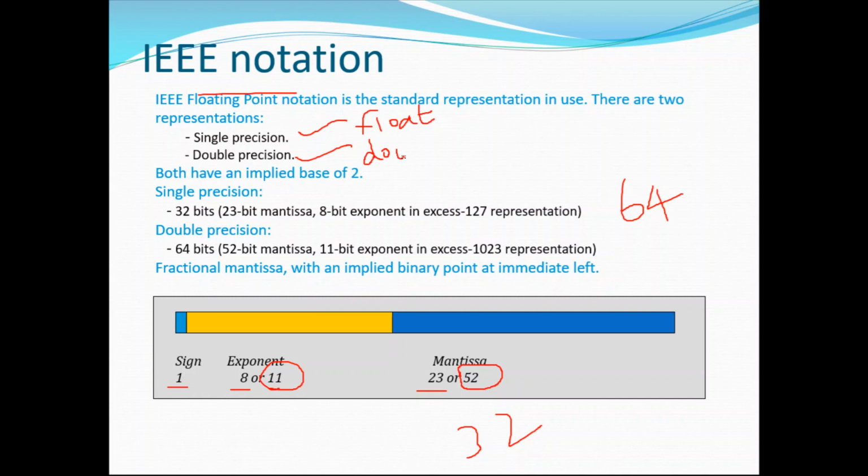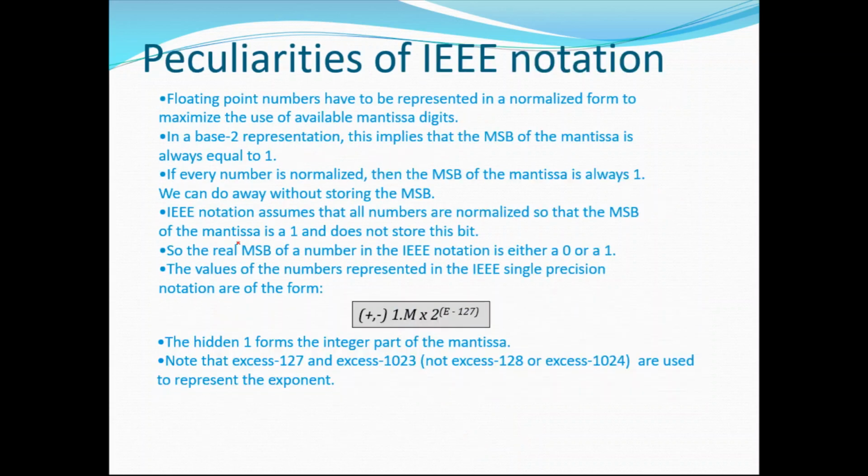We say float and double. This is the difference. In float, for Mantissa you have only 23 bits, and for exponent only 8 bits, whereas for double Mantissa you have 52 bits, and for exponent you have 11 bits. So the range will increase. So this is single precision and this is double precision. This is what IEEE recommends.